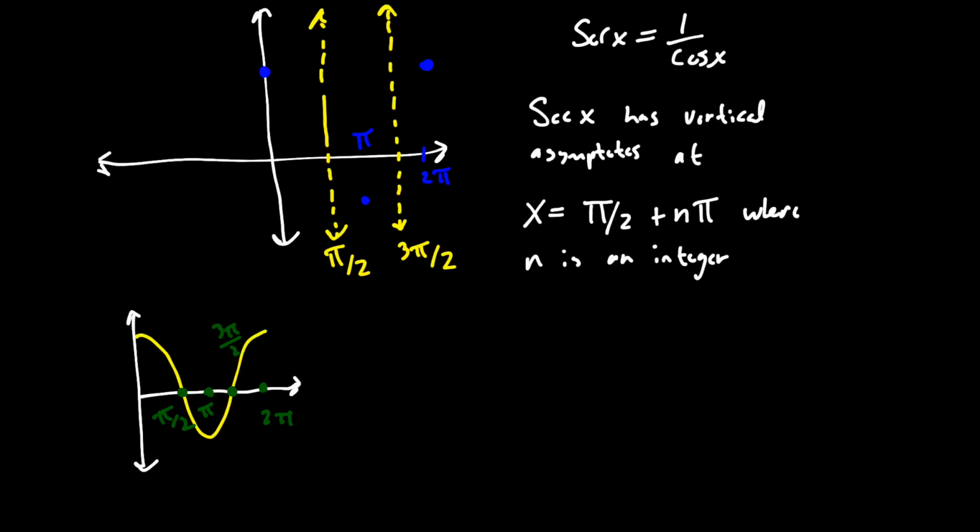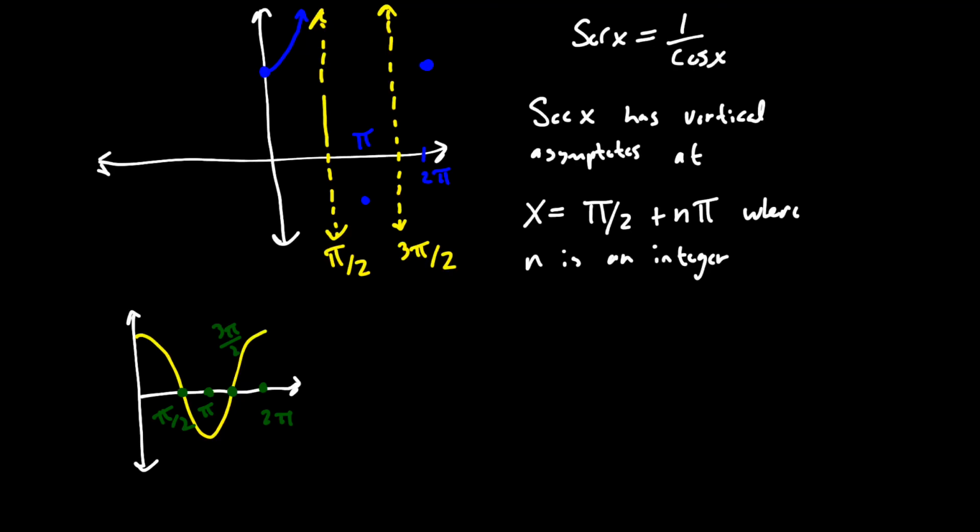So on the graph of cosine x, as we approach pi divided by 2 from the right-hand side, the y values are going to 0. This means that on the secant graph, our y values are getting infinitely large. On our cosine graph, when we approach pi divided by 2 from the left-hand side, again, our y values are approaching 0, but now they're all negative.